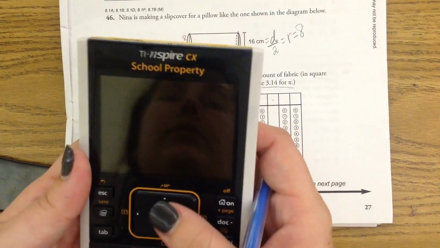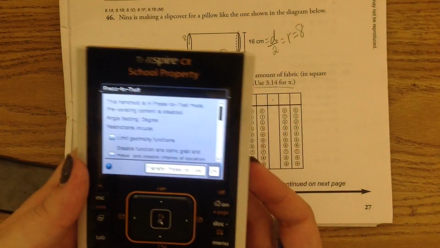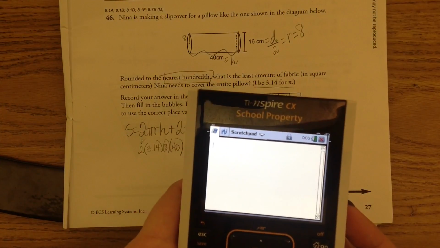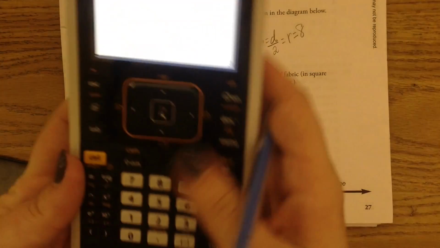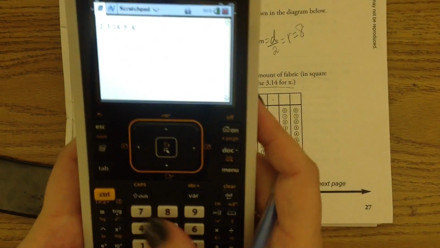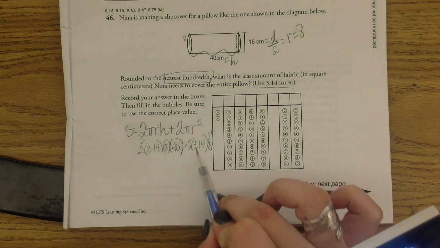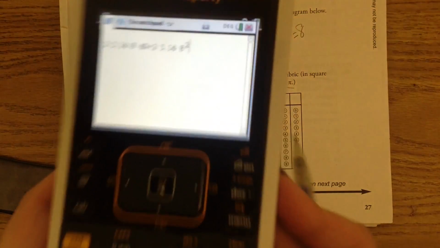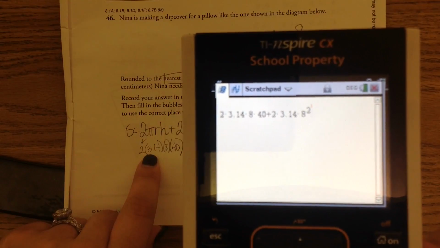Good news. Once again, calculators save the day. We're going to type all of this in because we don't have any variables, and it's going to just spit out our answer. 2 times 3.14, I apologize, times 8 times 40, plus 2 times 3.14 times 8 squared. I'm just going to double check that I have all the values in here.